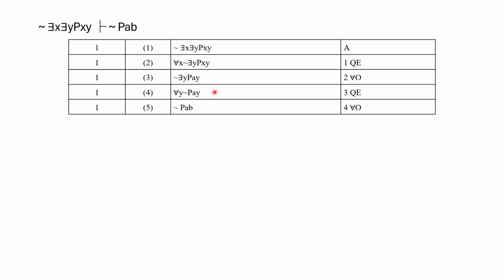The difficult thing here is knowing that we can only move the tilde one spot at a time. We can't move the tilde again on the inside here. We have to treat this as the main operator. So we have to get the universal quantifier out, and then we have the tilde again on the outside, and then we can move it again with the quantifier exchange.